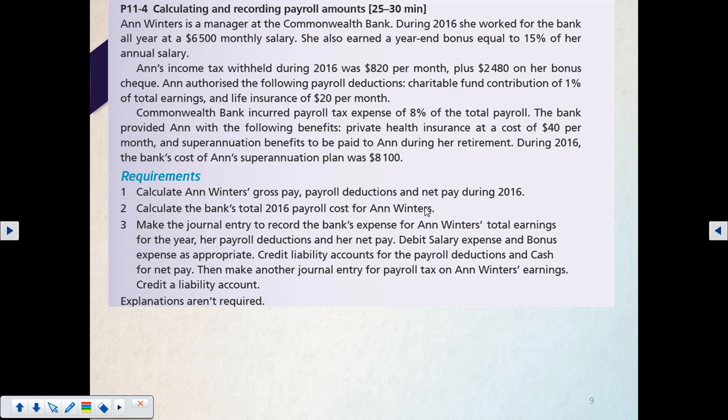So first of all, we try to calculate the gross pay, and then payroll deduction and net pay. Then we will come to the other things. First, calculate the gross pay during 2016. So when you get a question during 2016, are we calculating for a month or for a year? It's going to be for the year. Very good. Do it right now.